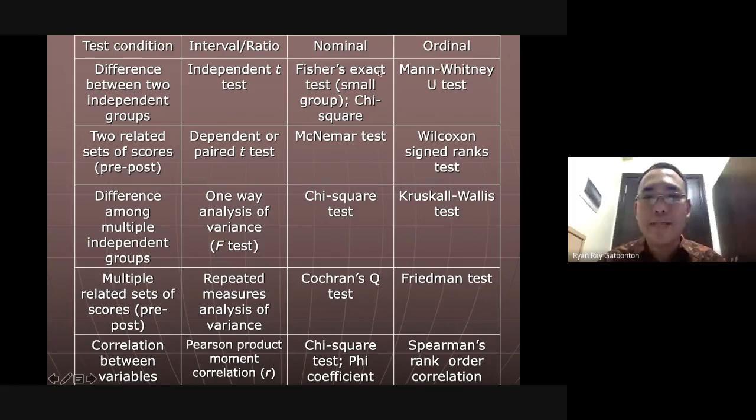Okay? So ayan, chi-square kung malaki, edi chi-square ang gamitin mo for more than 20. Okay? Pag ordinal data naman yan at difference between two groups, ang gagamitin mo, Mann-Whitney U-test.